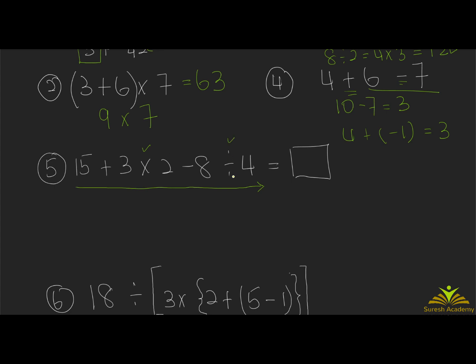So divide and multiply will have to go first before addition and subtraction. So I'm going to work this first. So it's 15 plus 3 multiply 2 is 6, and then minus 8 divided by 4 is 2. So 15 plus 6 is 21 minus 2, and I will end up with 19. So that will be my answer.